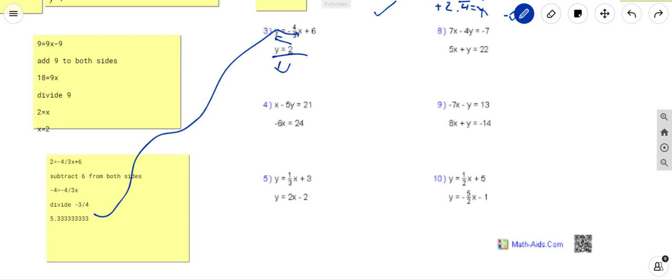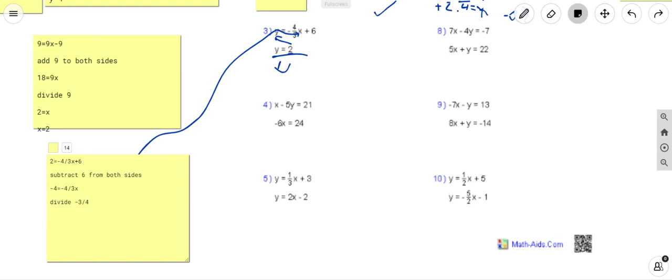So dividing by negative 3 over 4 would, so once we divide it by, oh, I see.